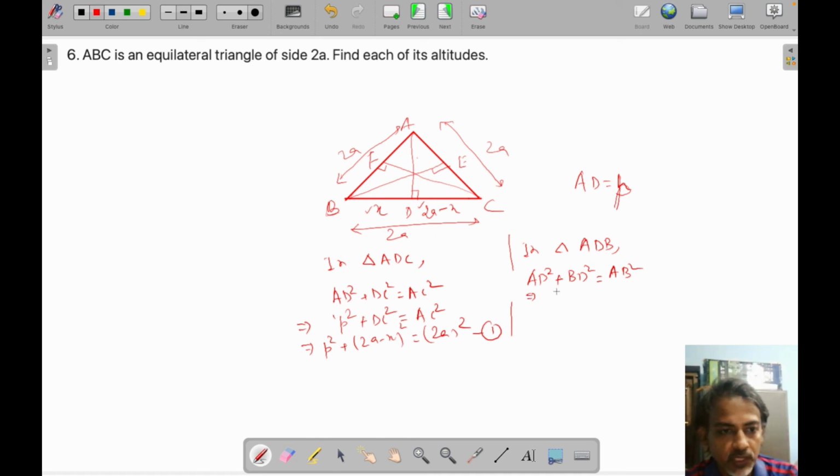Then AD square is nothing but P square, BD square is X square, and AB square is 2A whole square. This is my equation 2.